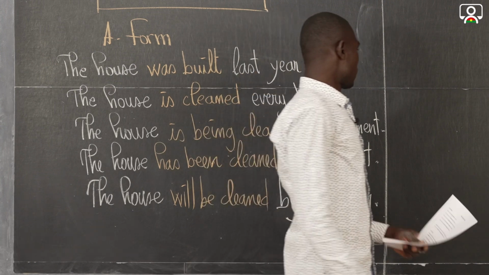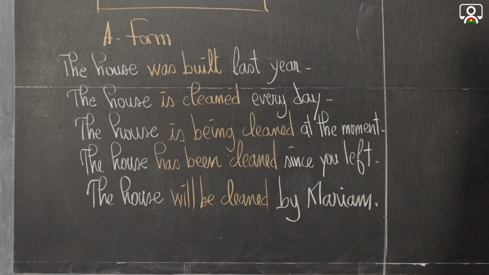Good. So on the board you have 5 sentences. The house was built last year. The house is cleaned every day. The house is being cleaned at the moment. The house has been cleaned since you left. And the house will be cleaned by Mariam.